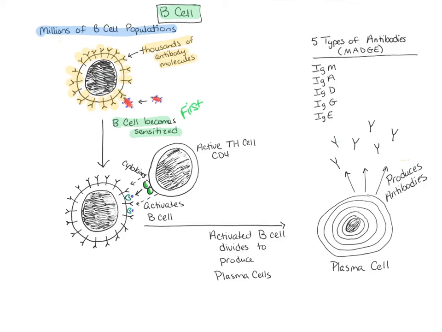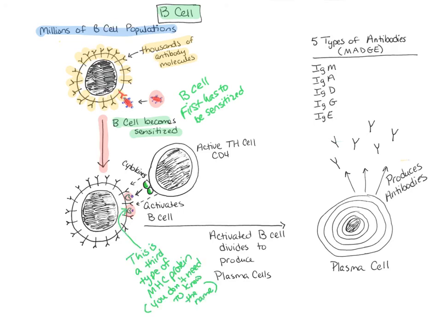But the B cell, before it can become activated, it has to be sensitized. So a pathogen, like a bacteria here, binds to that antibody on that B cell. And then the B cell displays it on the cell membrane with another MHC protein that we're not going to name. So now the B cell is displaying that antigen.